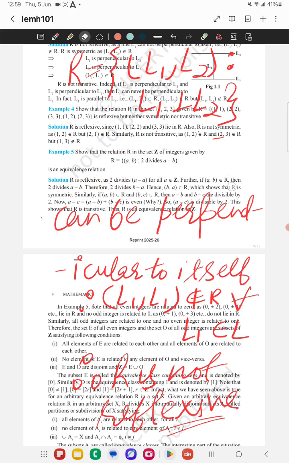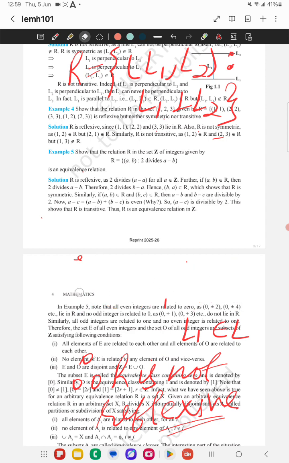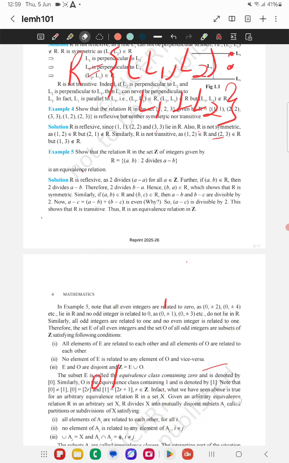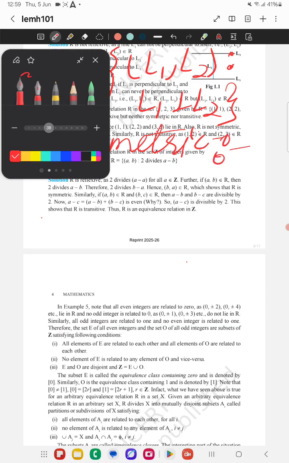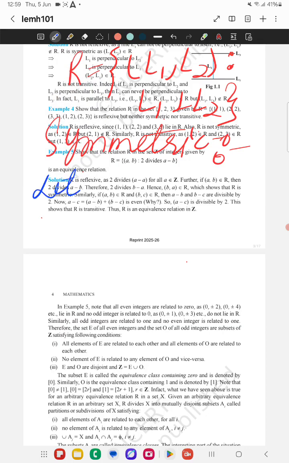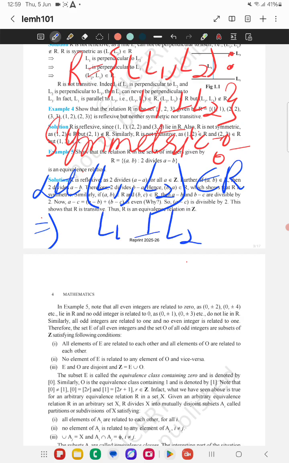Next we will proceed toward the symmetric. For symmetric we will take, let (L1, L2) belongs to R. This implies that L1 is perpendicular to L2.